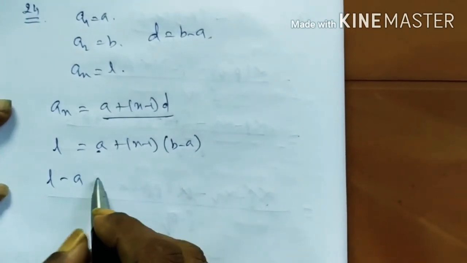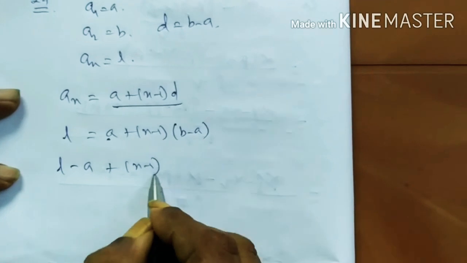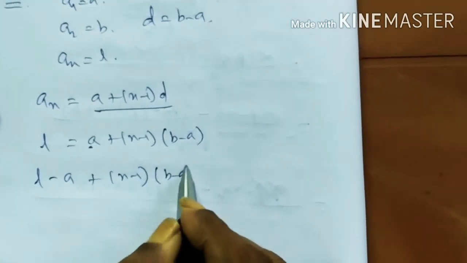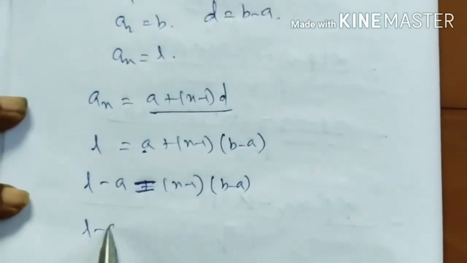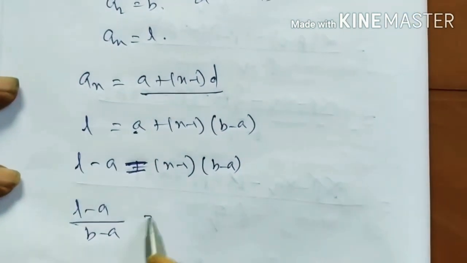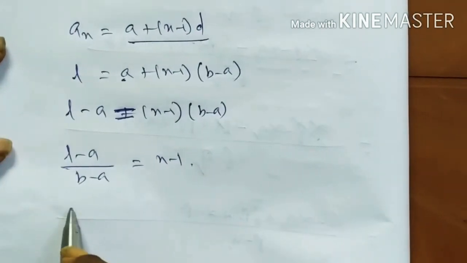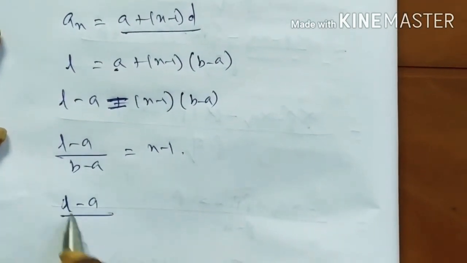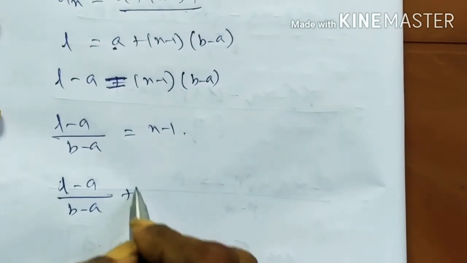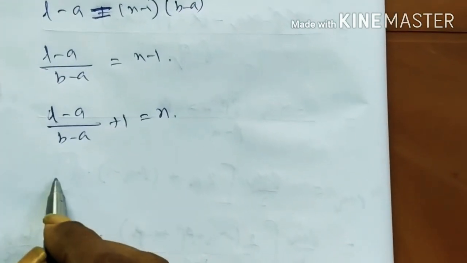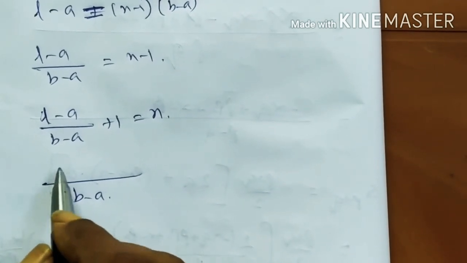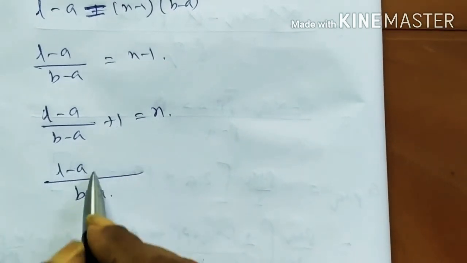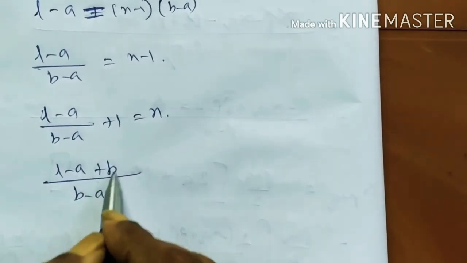L minus A equals (n minus 1)(B minus A), so (L minus A) by (B minus A) equals n minus 1. Now (L minus A) by (B minus A) plus 1 is equal to n. So B minus A is the LCM: (L minus A) plus (B minus A) is equal to n.